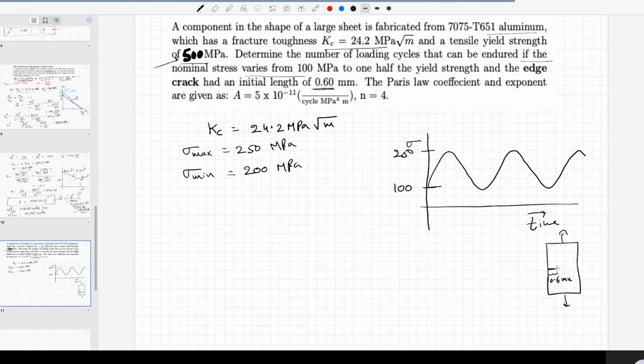Then how much is the life that is left until it actually becomes a critical crack and then the specimen breaks. So this is something that we have discussed extensively, that even if you have some crack to begin with, you may still be able to use the specimen. That is precisely what we are trying to address in this problem. How many cycles can I use?